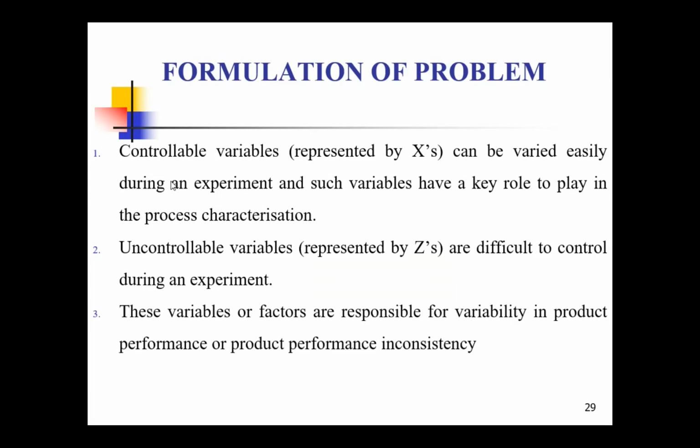Because of these variables, the variation in product performance changes and is inconsistent in nature. These uncontrollable variables are the noise factors, so they should be limited as much as possible. The controllable variables can be changed during the settings, and then the output can be determined.